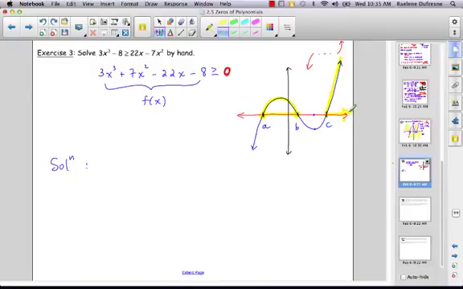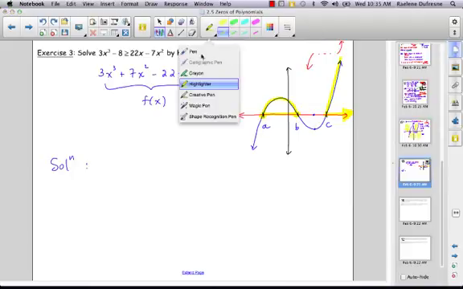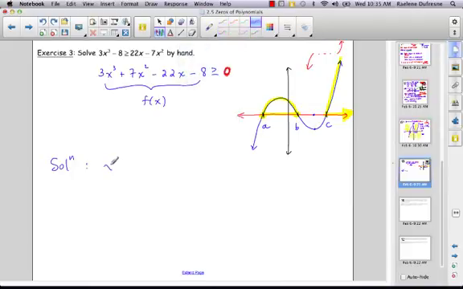And so our solution in terms of the letters a, b, and c would be x is contained from a to b inclusive, union from c to infinity. So all that remains in this question is to find the numbers a, b, and c. I'd like you to think about how you can put that together, and I'll have this completed in the lecture notes. You can compare it there.